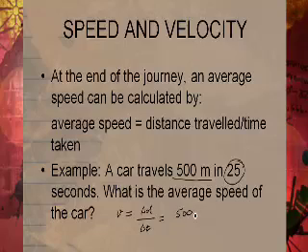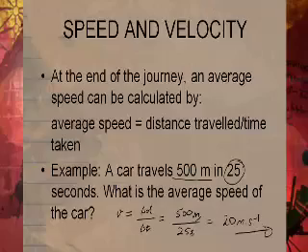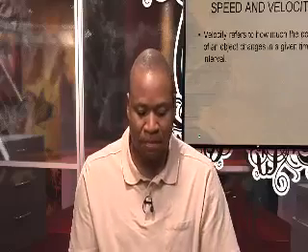This will be 500 meters divided by 25 seconds. I put in the units so that we see where we're coming from. So this works out to be 20 meters per second. You see, meters divided by second is meters per second. So that, of course, then becomes the measuring unit for speed.